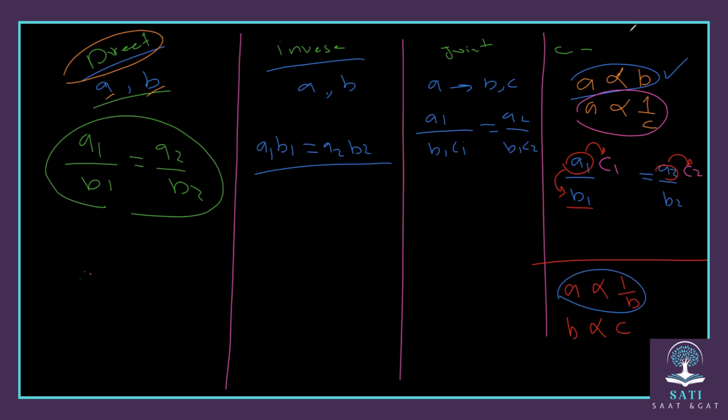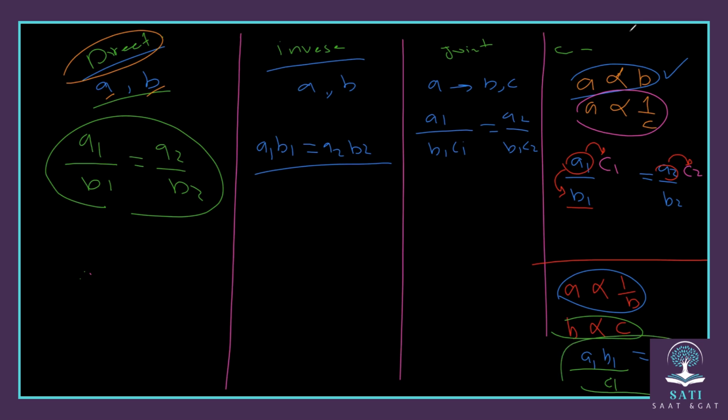A is inversely with B, so it's multiplication: A1 B1 equals A2 B2. Good, now I finished the first part. I go to the second part: B with C. B is directly proportional with C, so the relationship between them is division: B1 over C1 equals B2 over C2.